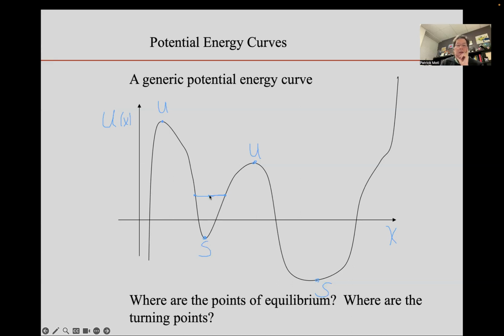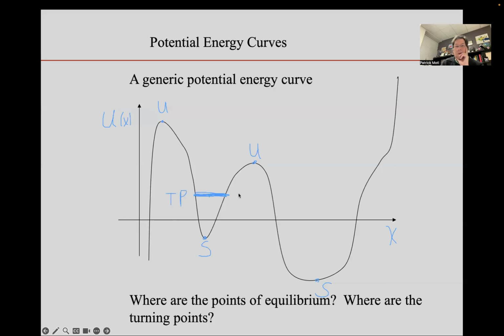As it was going to the left, the slope is positive. No, slope is negative, sorry. So minus a negative is a positive, a force to the right. So it's going slower and slower, comes to a stop for a second or an instant, and then reverses direction. So all this particle can do is just bounce back and forth at the same energy level between those 2 points. So those 2 points are called turning points.